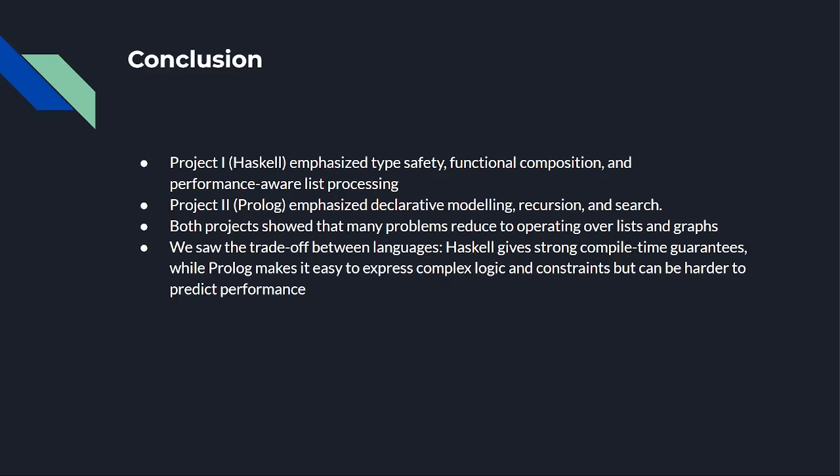We saw the trade-offs between the languages. Haskell gives strong compile-time guarantees, while Prolog makes it easier to express complex logic and constraints, but can be harder when predicting performance. Basically, backtracking and recursion in Prolog are different from Haskell.